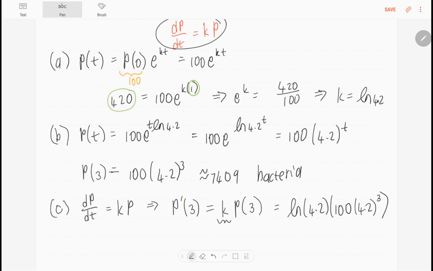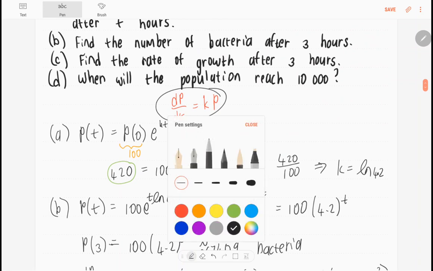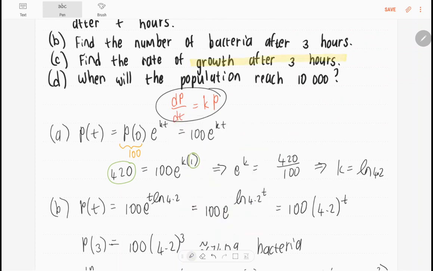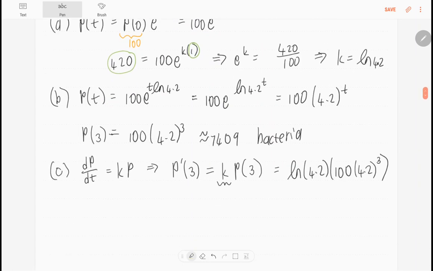So they asked for the rate of growth after 3 hours. We've worked it out here, and if you work out that value, approximately 10,632 bacteria per hour.